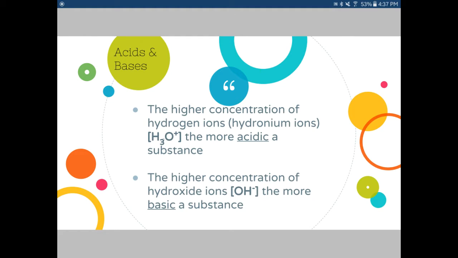Now remember, square brackets means concentration. So the higher concentration of our hydronium ions, the more acidic a substance is, whereas the higher concentration of our hydroxide ions, the more basic a substance is. So lots of H3O+, acidic. Lots of OH-, basic.